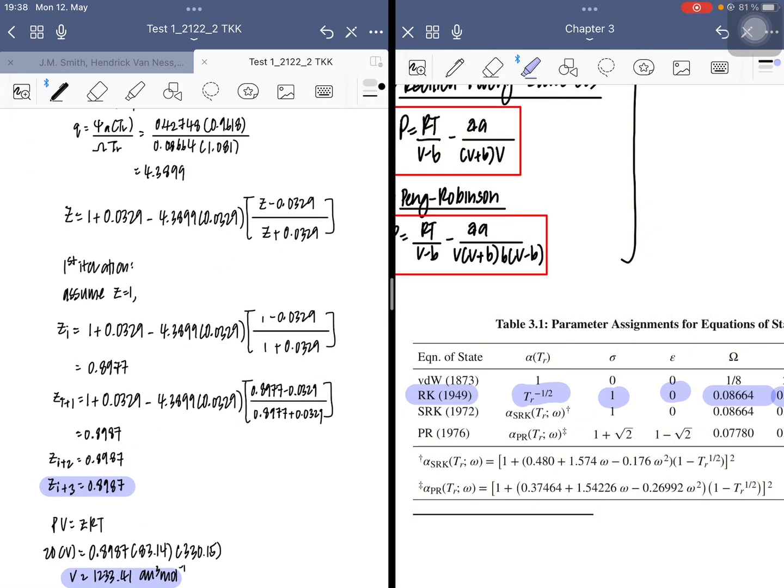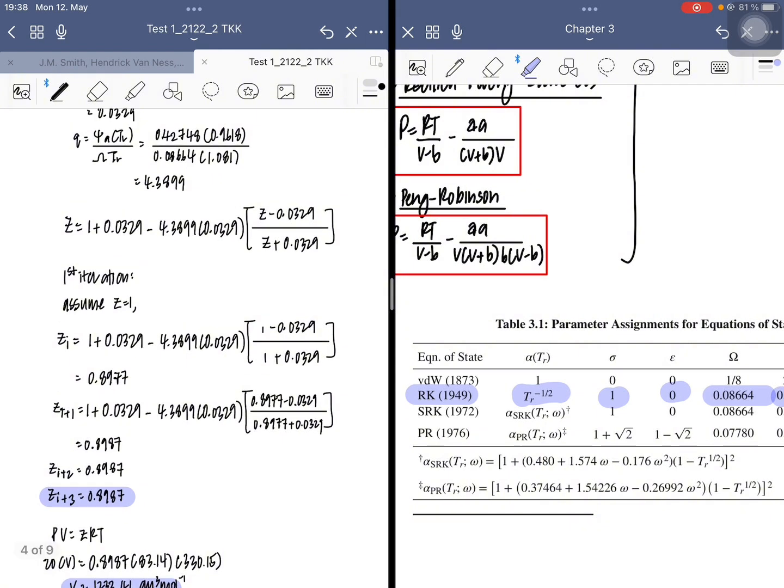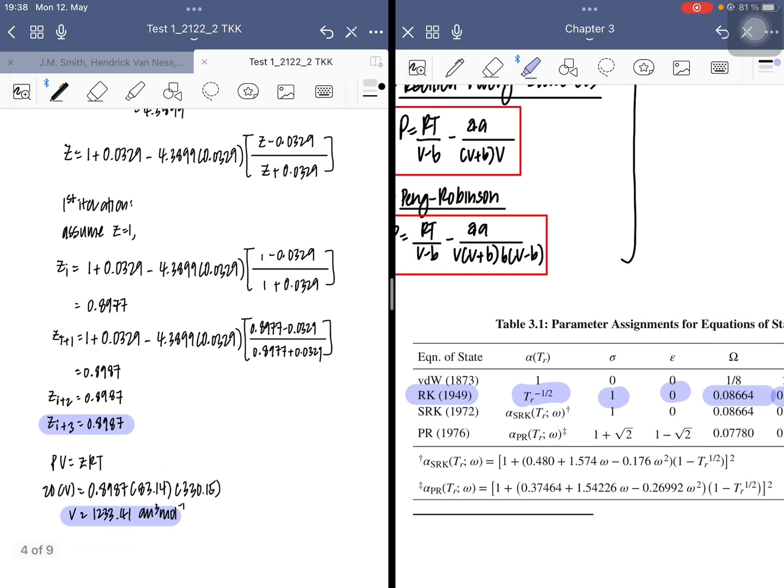Once you get this value for the first iteration, you get 0.8977, and then you change it back to the value where Z stands. So here first, I assume Z equals 1, and then 0.8977 here, and just change the 1 and 1 here, and then you get 0.8987, and then repeat the whole process until you get a constant value of Z.